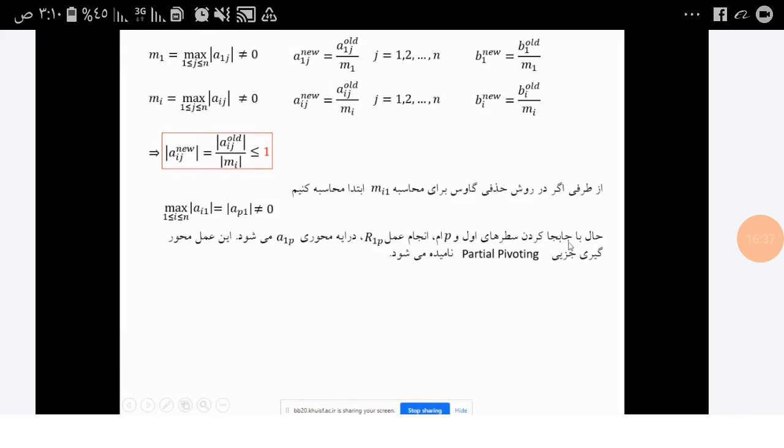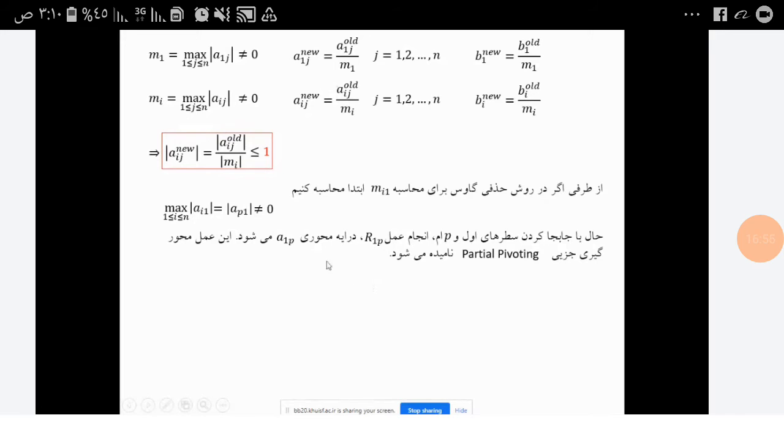We swap the first row and the pth row. That means we do R1P, the row swap of row 1 and row P.